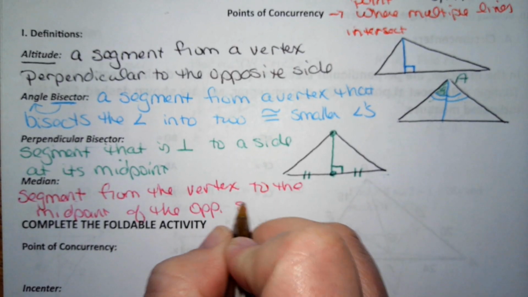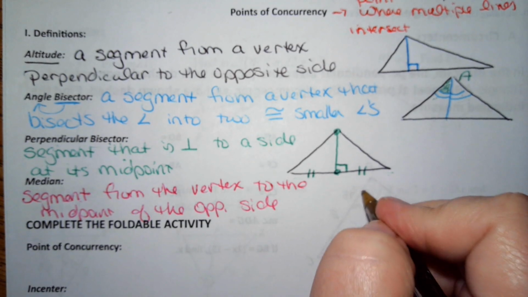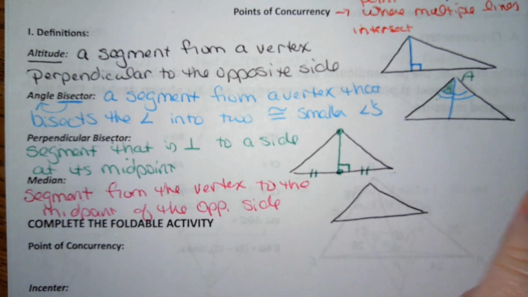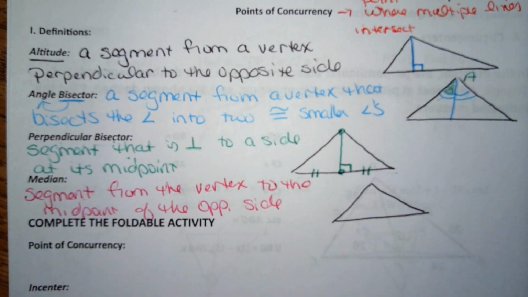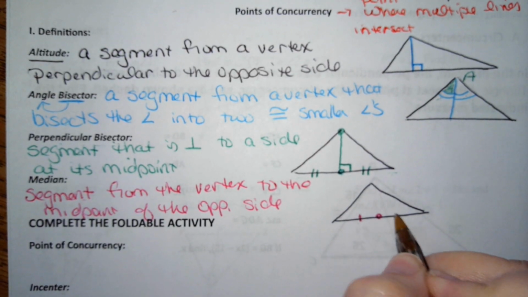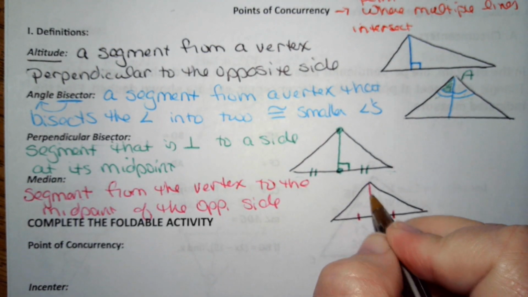And I'm going to abbreviate opposite. So it's very similar to the perpendicular bisector, except for it doesn't have to be perpendicular. So here's our midpoint. That's showing that it's two equal sides and drawing it from the vertex.